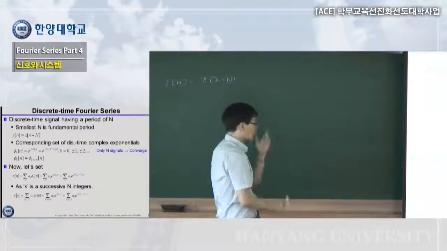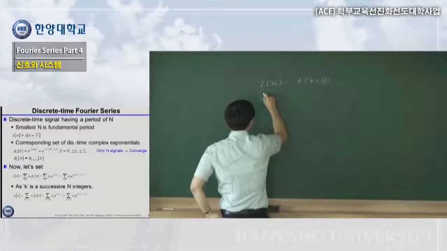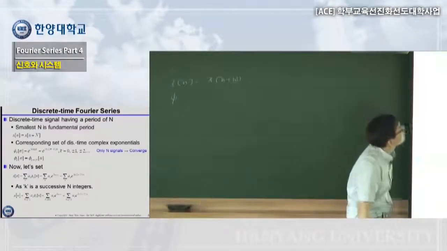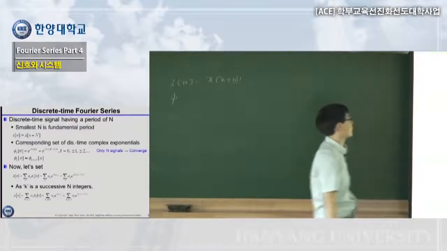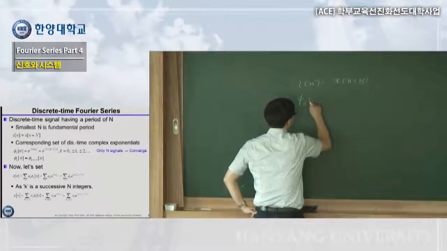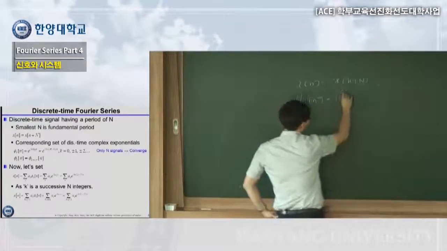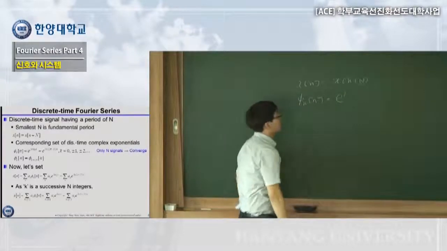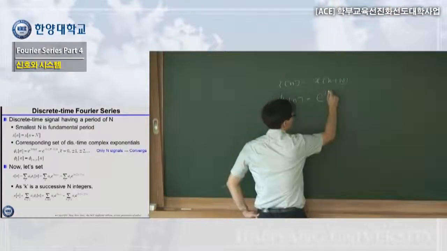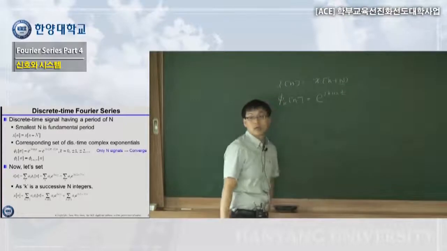And the corresponding set in discrete time, the complex exponential, is what? Let's say this is the new function representing the complex exponential. What is the complex exponential in continuous time? It was e to the j k omega 0 t, right, in continuous time.